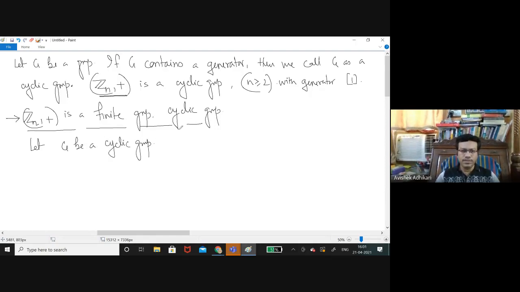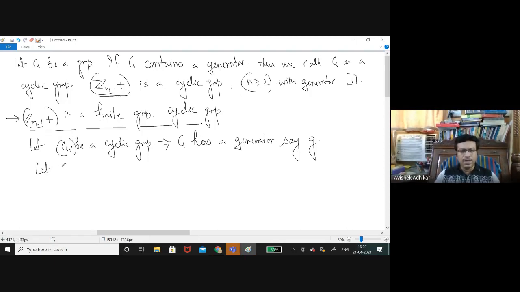What does it mean? That implies G has a generator, say g. What does it mean? Any element of G can be expressed in terms of g. Okay. So let (G, ·) be with respect to multiplication. Say G is a group, cyclic group.